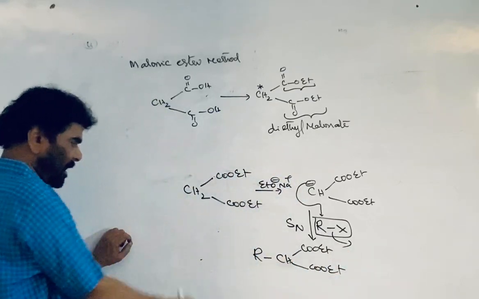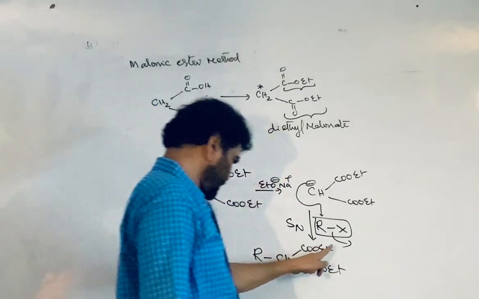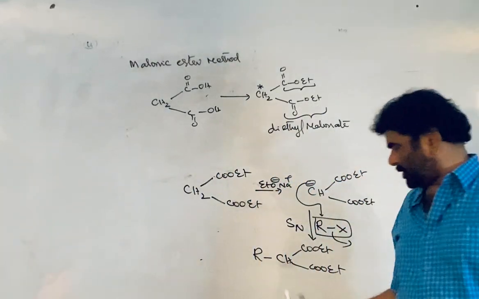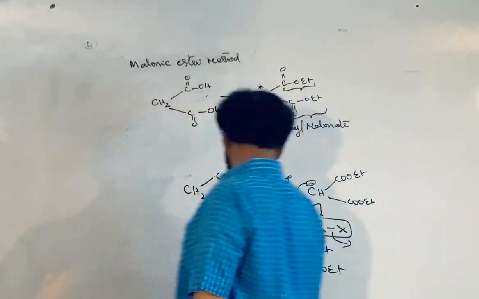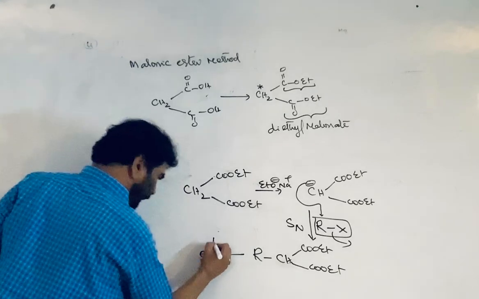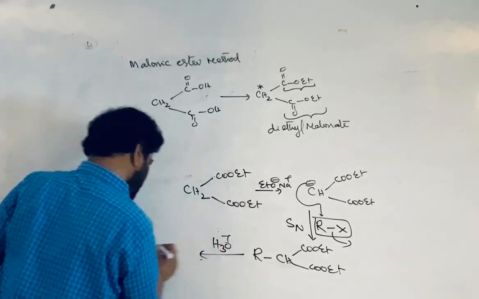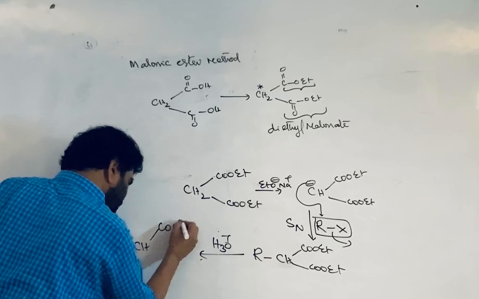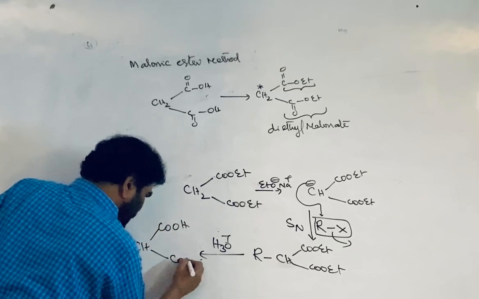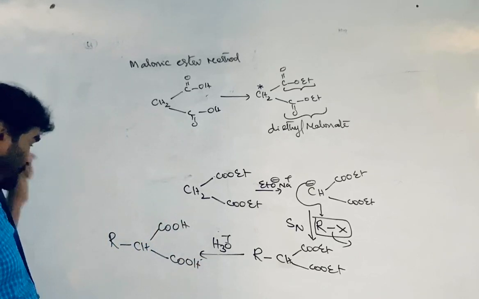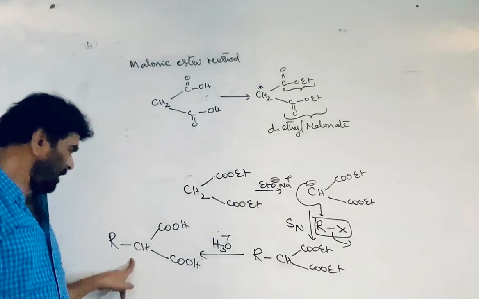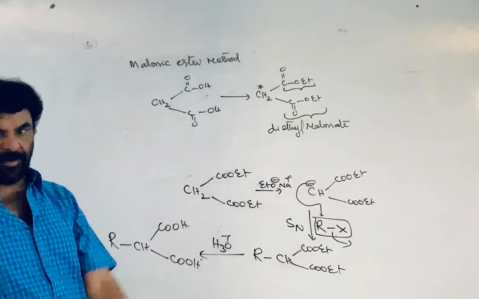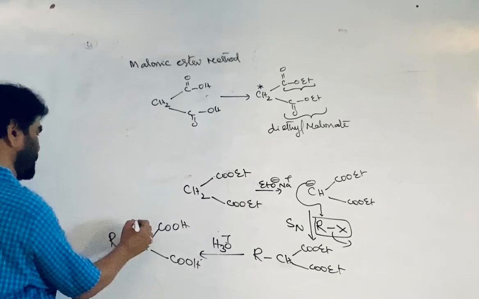That is diethyl 2-alkyl malonate. This is hydrolyzed; the ester undergoes hydrolysis and is converted into the carboxylic acid. The alkyl malonic acid is formed, a C3 dicarboxylic acid.